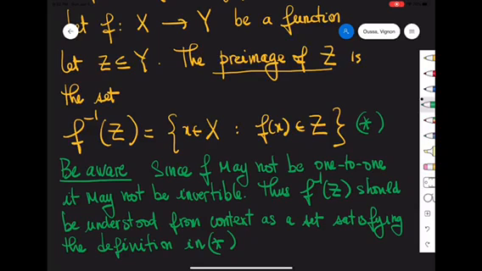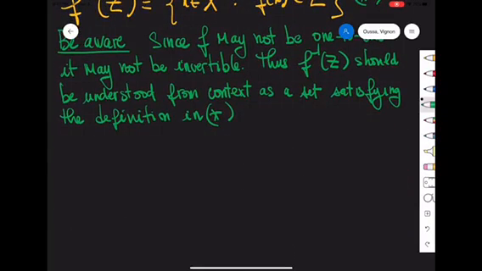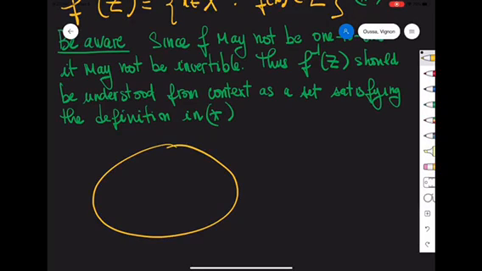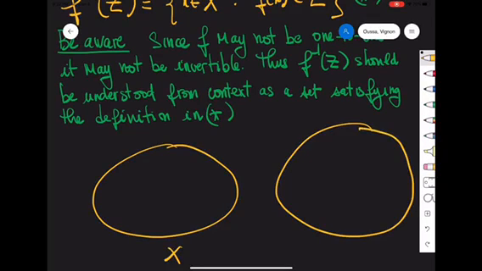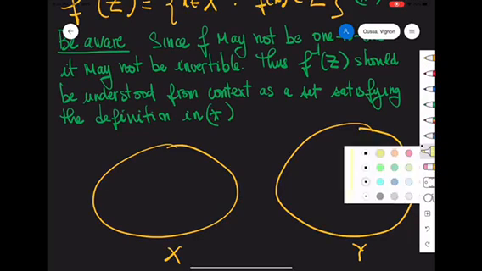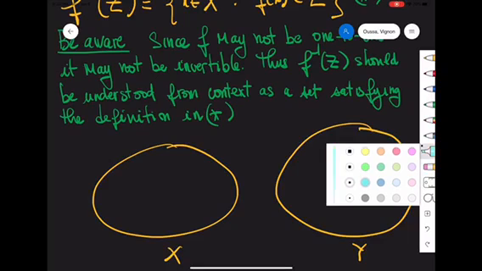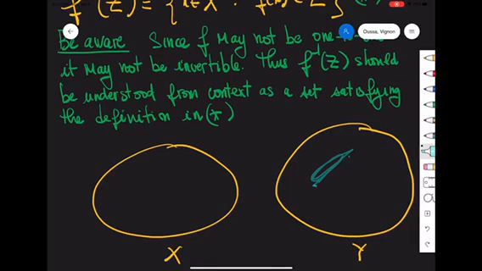Okay. So here is an illustration. You have, let's say, this is X, the domain of the function, and this is Y, the codomain.